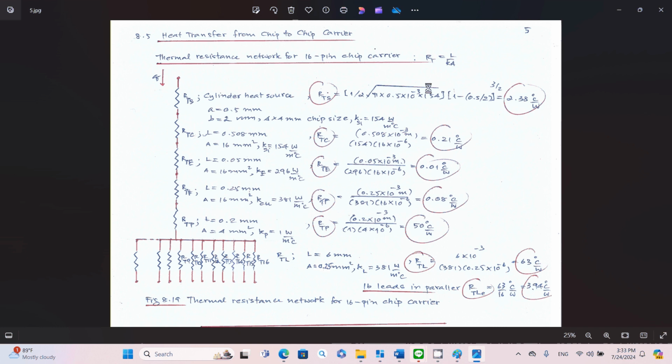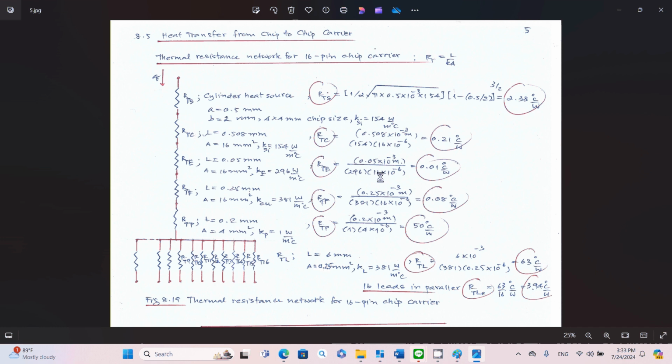Now you can compare all the numbers here, the thermal resistance of each element. You can see that for the plastic, the thermal resistance is very high, above the thermal resistance of the copper frame.